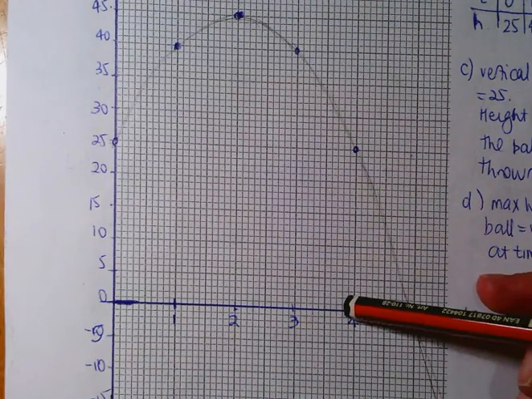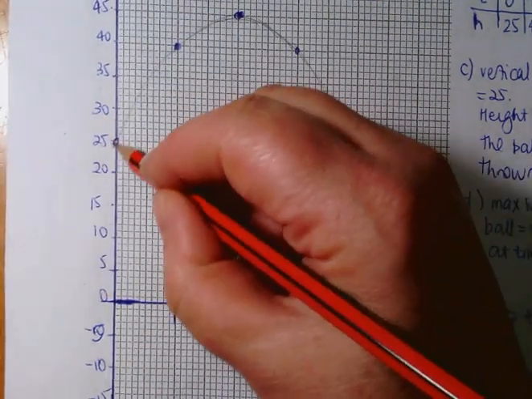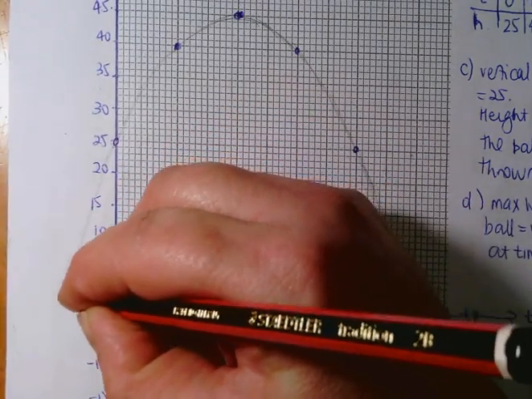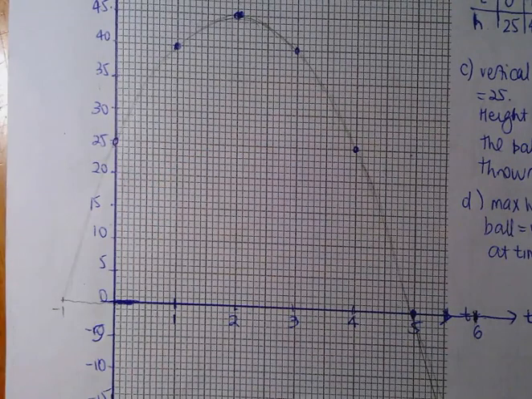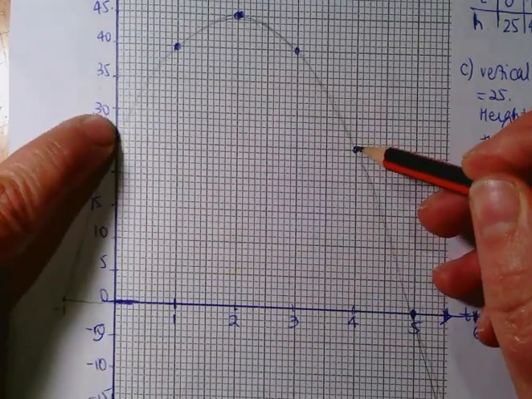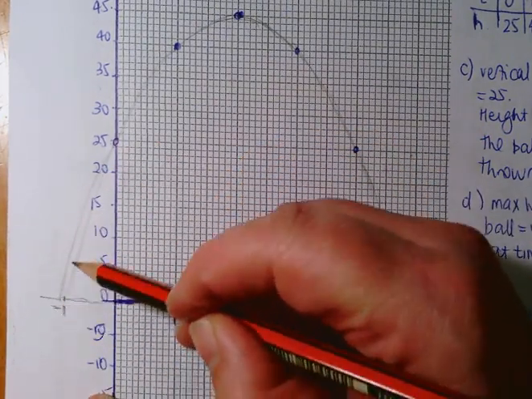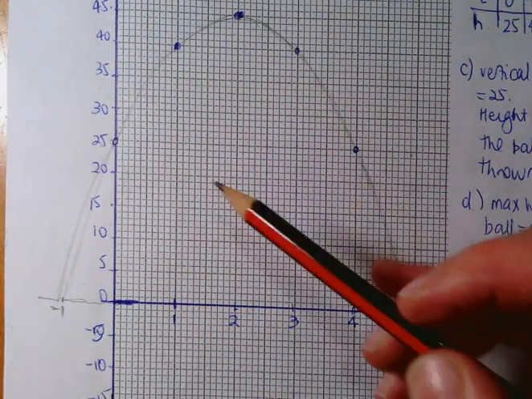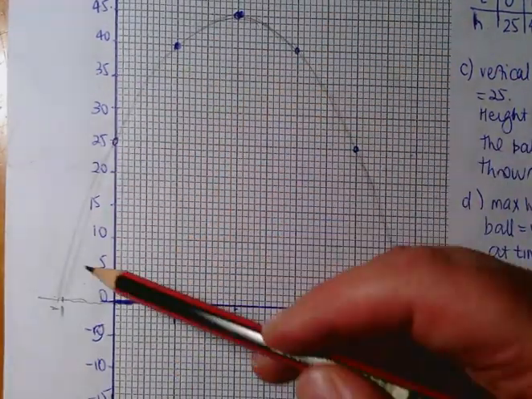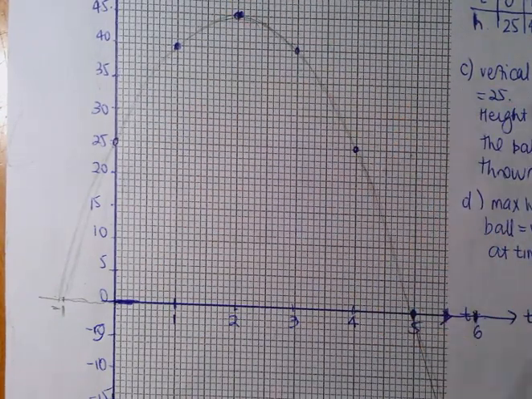Because I've got 4, 25 and 0, 25, if I actually did start this, we can't have negative time as well, but this would hit at time -1 because I've got 1 more second to hit the ground from a height of 25. So if this were to continue, it would hit at -1, but this does not exist because the ball is thrown. This is the starting point here, not here, okay? So it still is a symmetrical parabola, but it's only part of the parabola, okay?